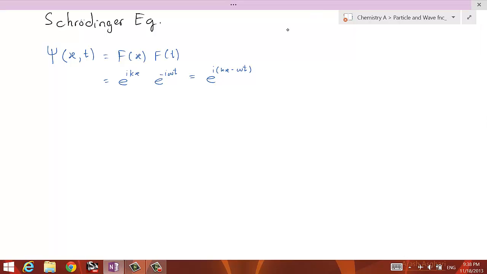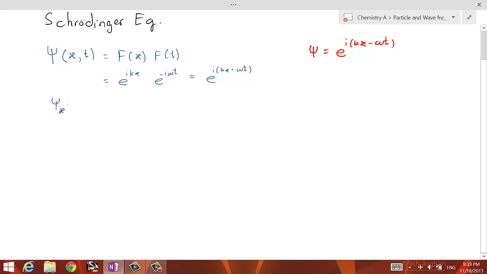Now I will write it here: psi equals e to the i (kx minus omega t).